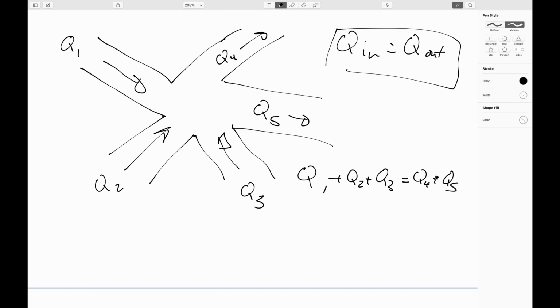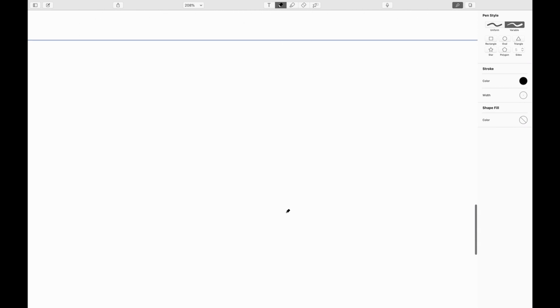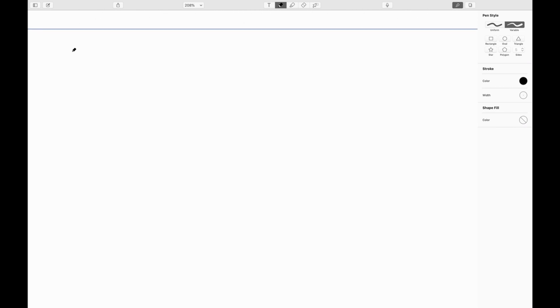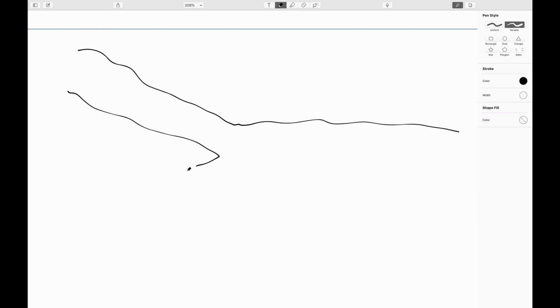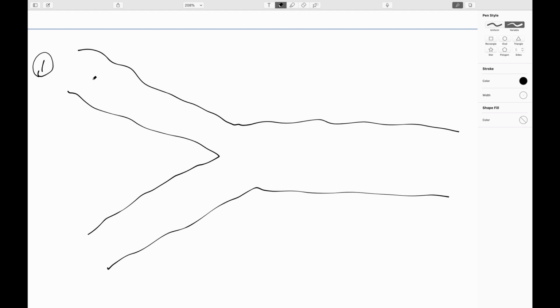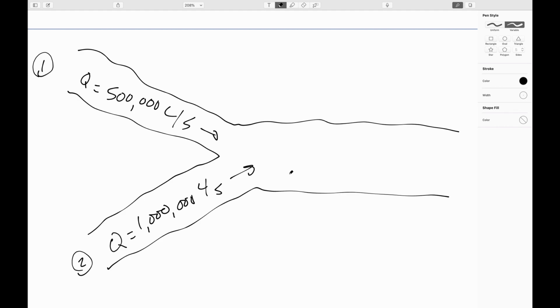All right, so maybe let's just do one quick example to make that a little more concrete. Let's say here we've got two rivers. So river number 1 here, let's say, has a volumetric flow rate of 5,000 liters per second, and river number 2 here flowing in is carrying 1,000,000 liters per second.